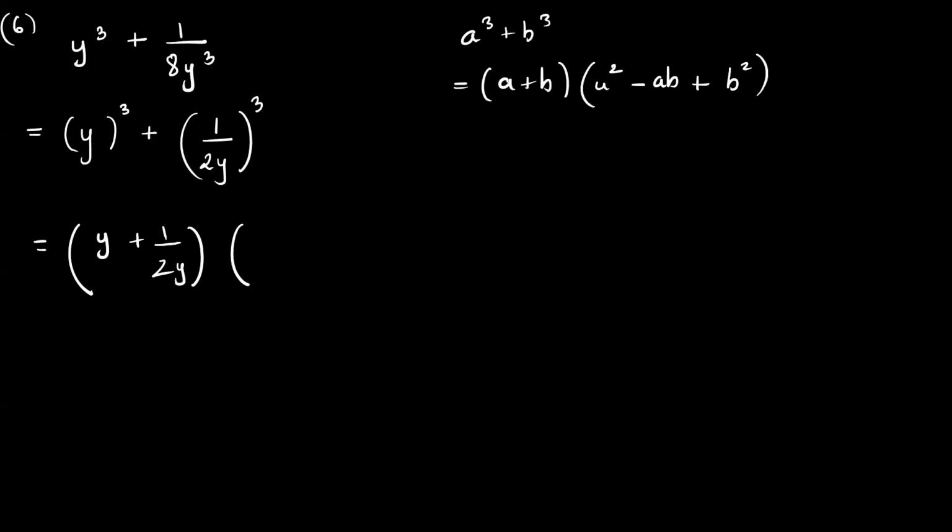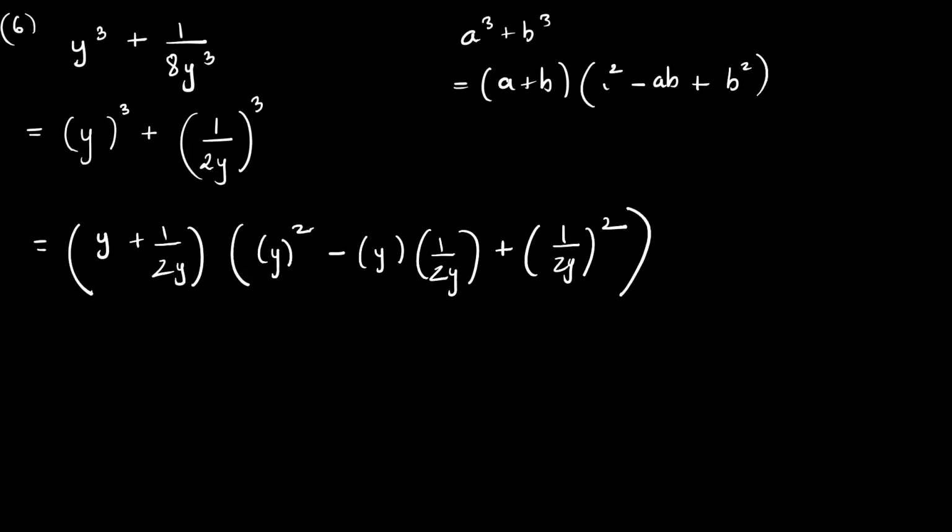So it will be the first square, y the whole square, minus y into 1 upon 2y, plus 1 upon 2y the whole square. Bracket close.